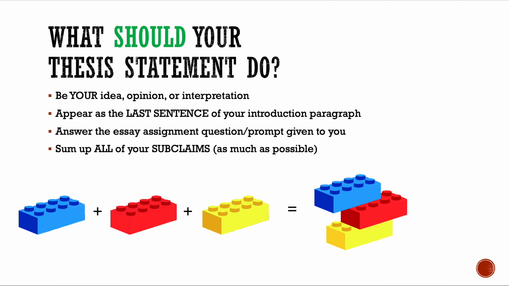Also, it should answer the essay assignment or question or prompt given to you by your instructor. This one seems obvious to me, but I'm always amazed at how many of my students take time to write a paper that doesn't address the question I asked them to answer in my assignment sheet. And again, sum up all of your subclaims as much as you possibly can in a single sentence. I'll talk more in just a minute about what to do when you have a long essay with lots of body paragraphs.